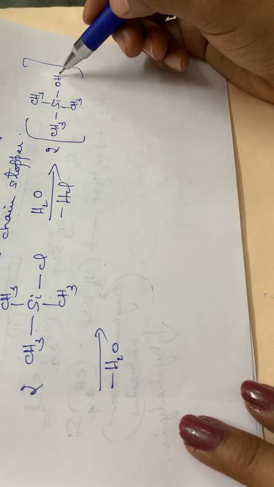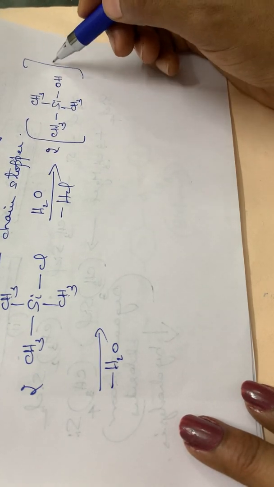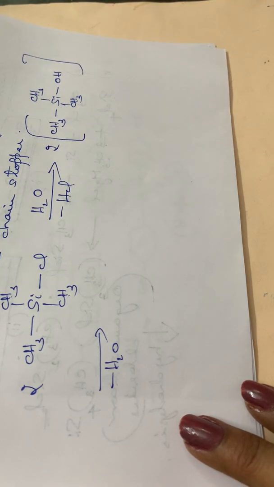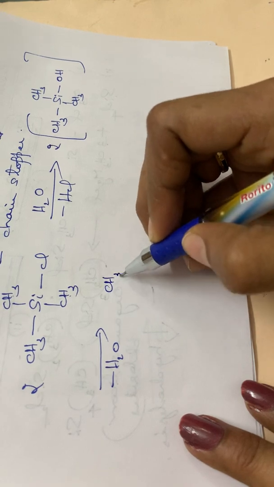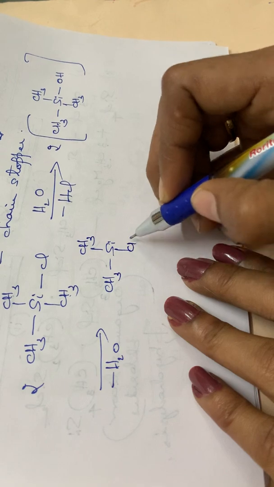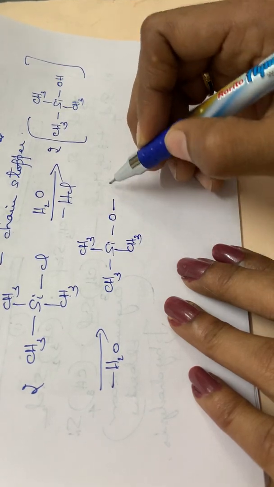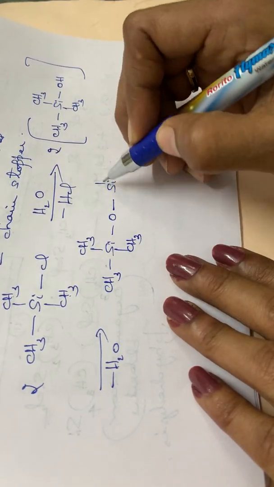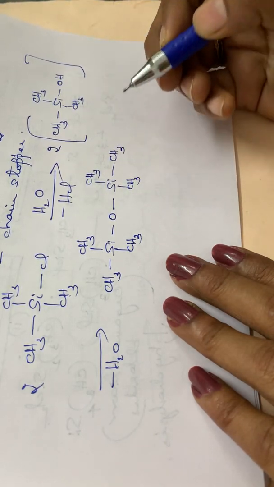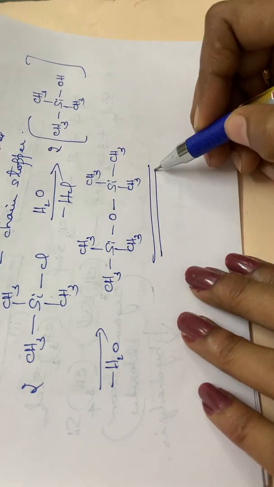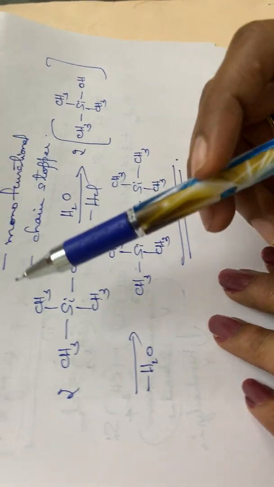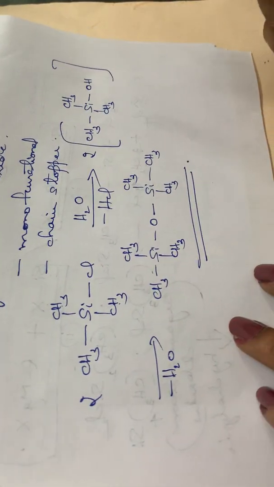One will combine with the other OH so that water is eliminated. The remaining will be an ether, O linkage. So the compound will be CH3, Si, CH3, CH3, then O, then Si, CH3, CH3, CH3. This is another silicon polymer, obtained by polymerization of trimethyl silicon chloride.